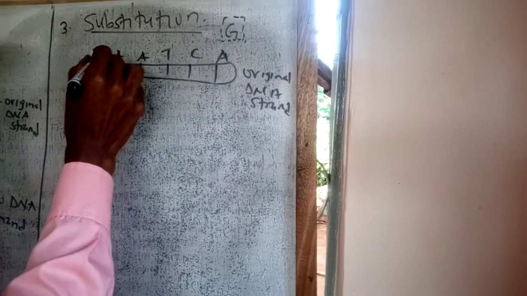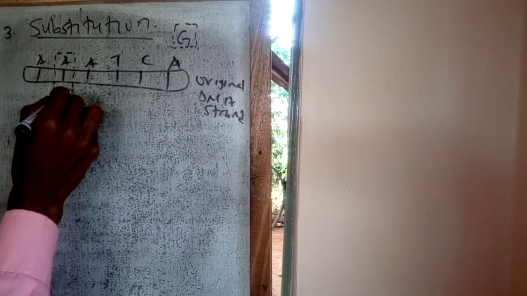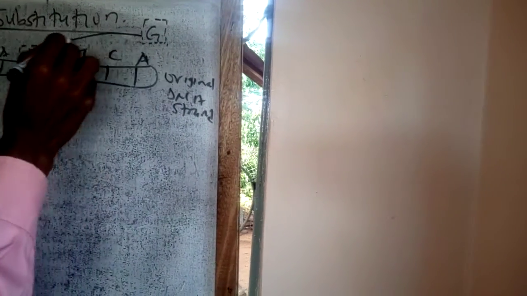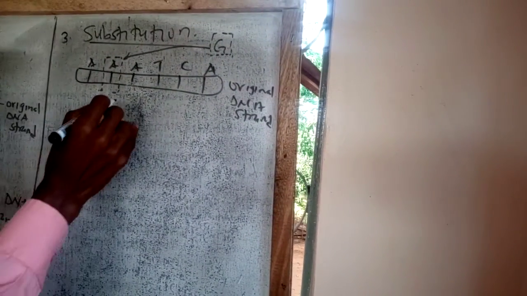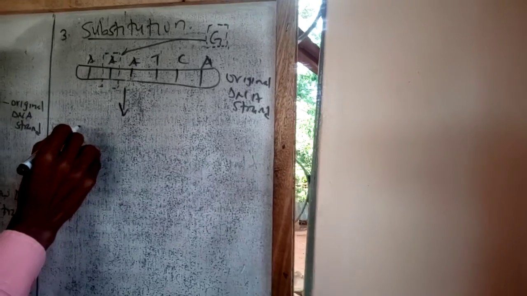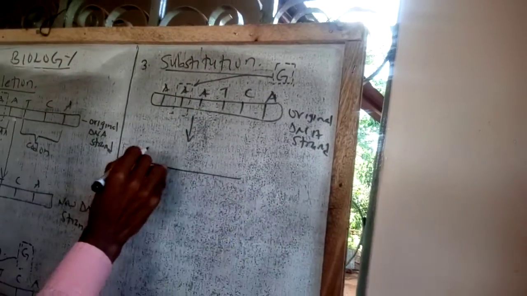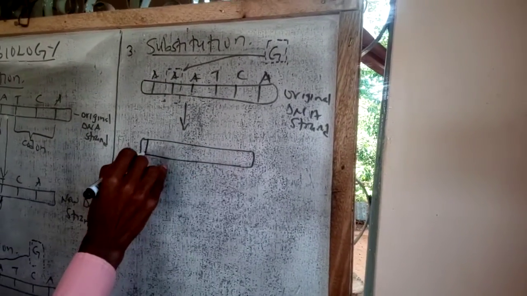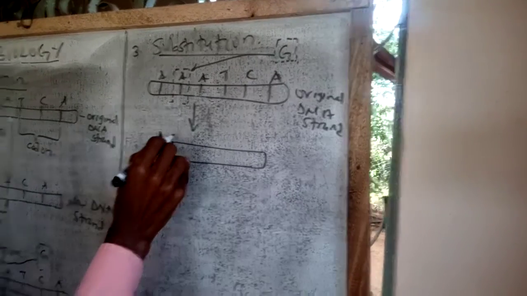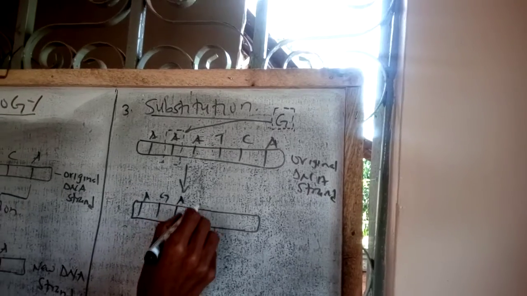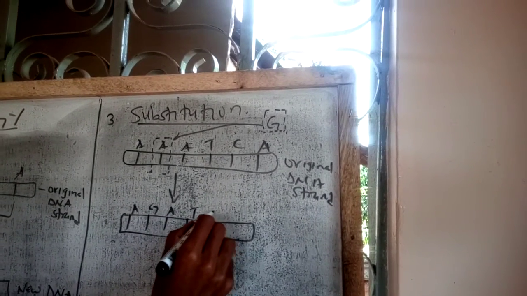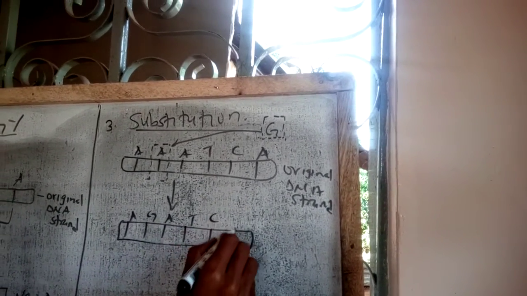It replaces this, that is the adenine. It is replaced, and therefore it comes and replaces it. And therefore, as a result of replacement, the resulting new DNA strand will be like adenine. Then we have a guanine, then followed by adenine, cytosine, thymine, cytosine, and finally adenine.